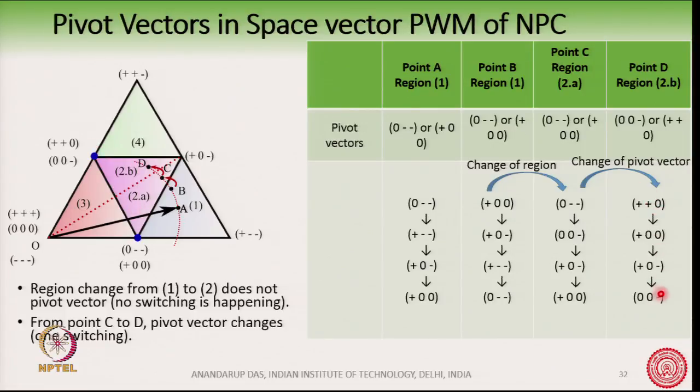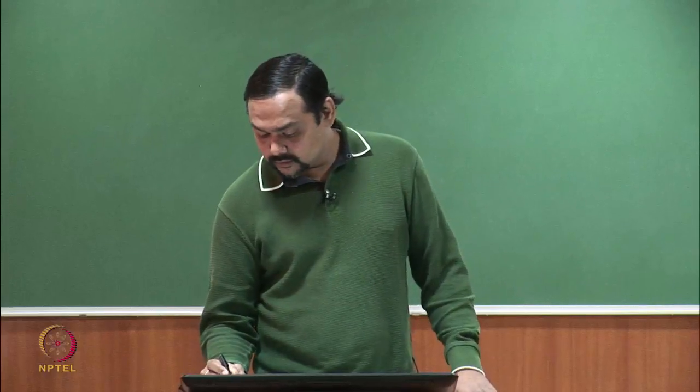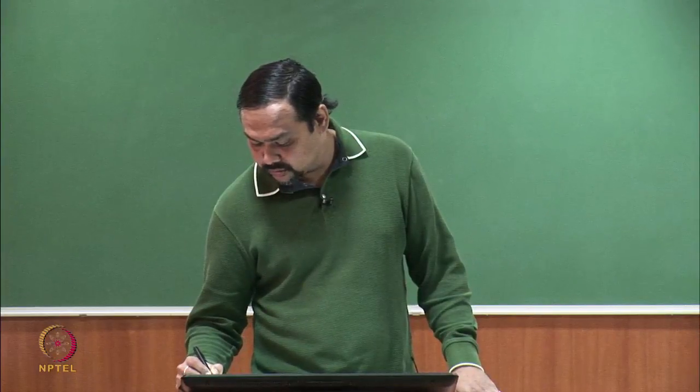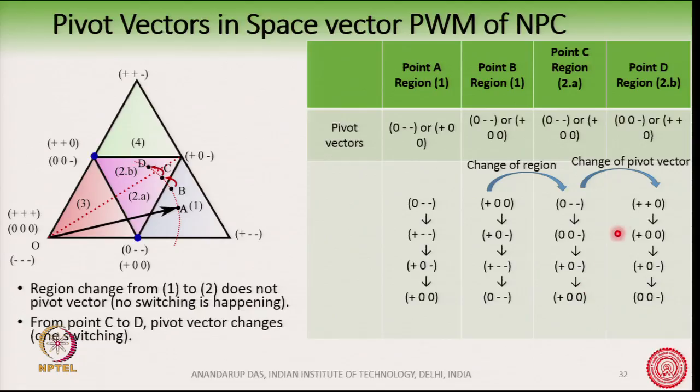Okay. So, in this way we see that there is one switching happening in each of these transitions, but there is one extra switching when we are changing the pivot vector. For example, here we have changed the pivot vector. So, from this position to this position, we have one extra switching happening because we are now shifting our pivot vector.